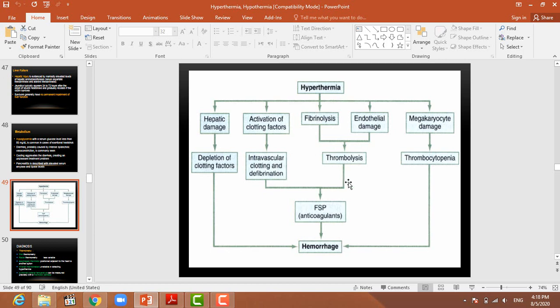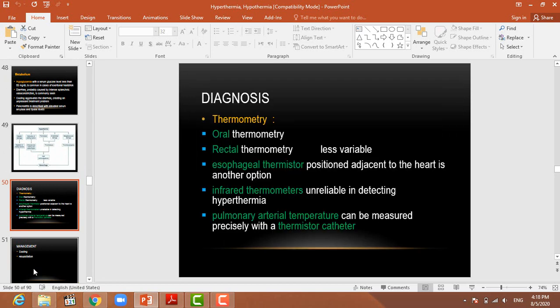And here is the pathophysiology between hyperthermia and hemorrhage. Then diagnosis: definitely through thermometry. You can diagnose it very easily with your thermometer, placed orally or rectally. If the patient is unconscious, you may place it in different areas.